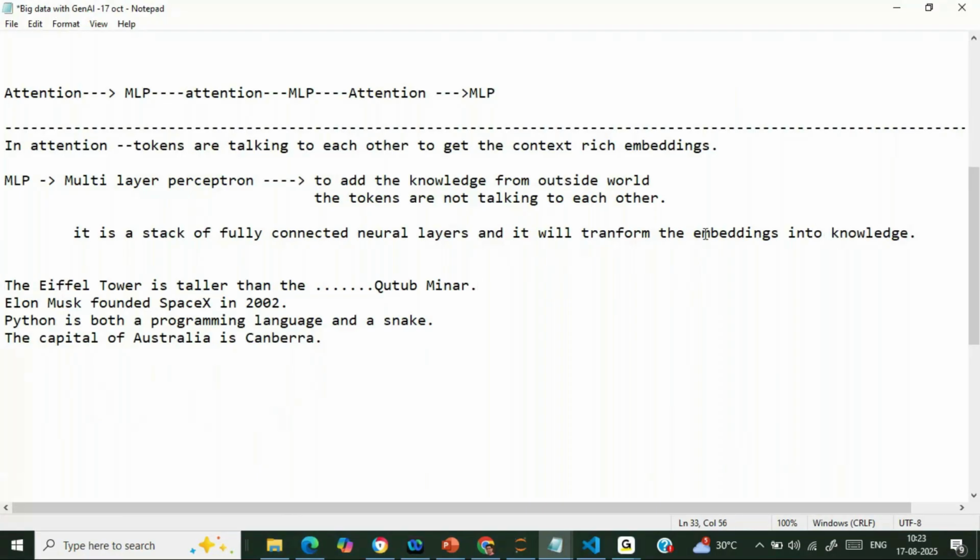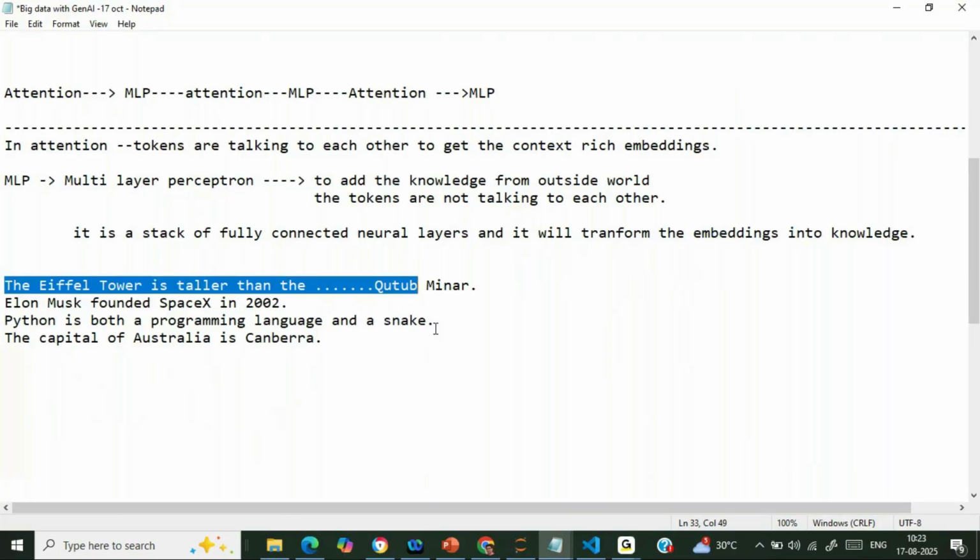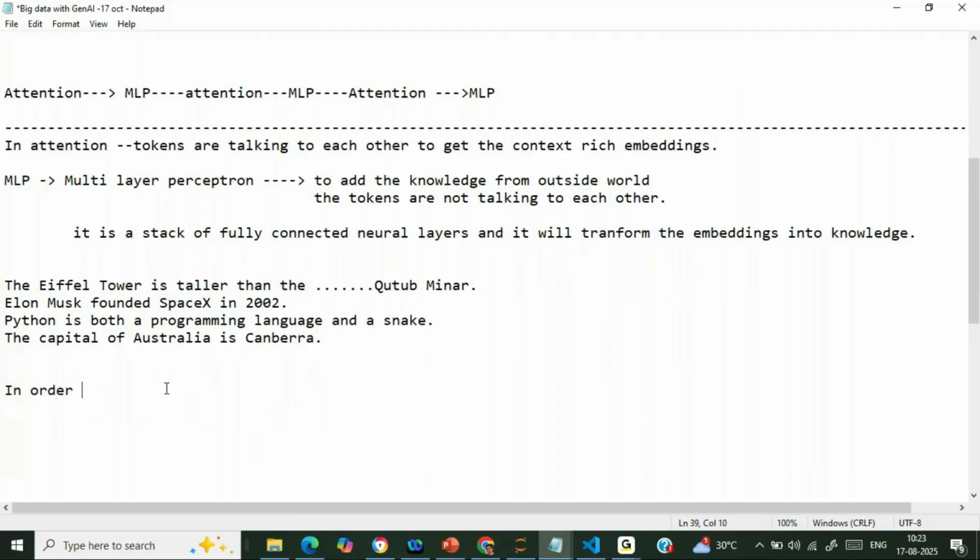In order to bake knowledge into embeddings, what we need to do is multiply the embeddings by a matrix R. In order to get the knowledge from embeddings, we need to multiply the embedding, say E1 or E, with the matrix R.